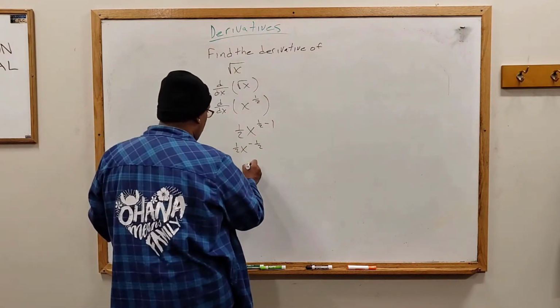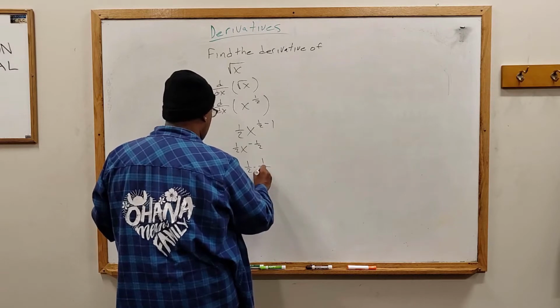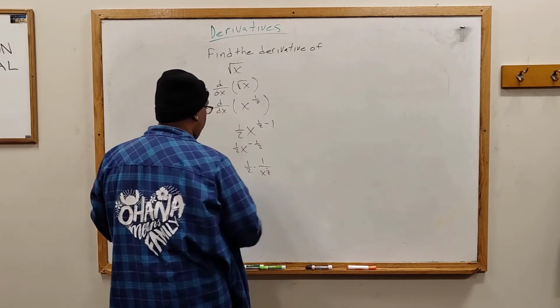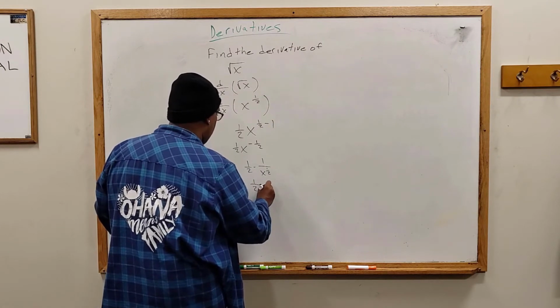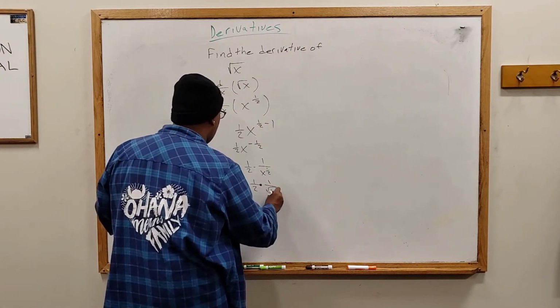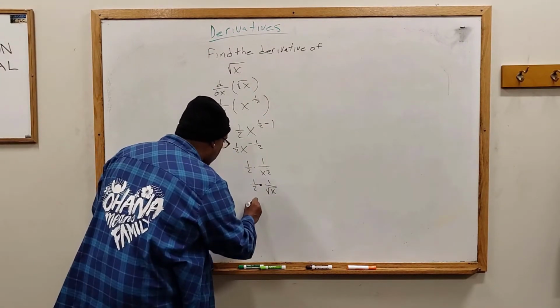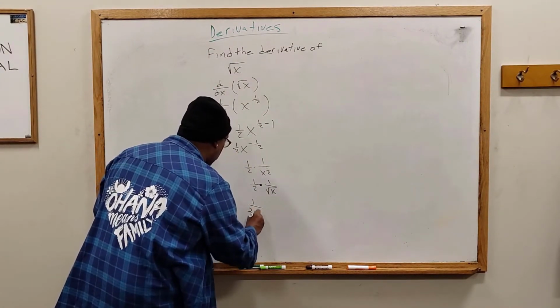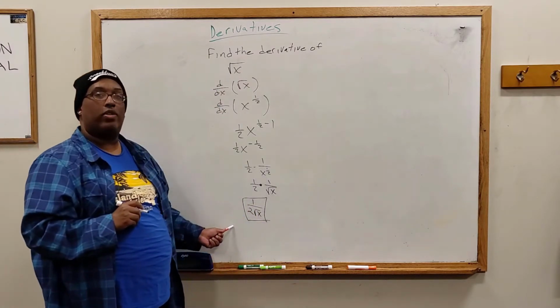So that means we get 1/2 times 1 over x to the 1/2, or 1/2 times 1 over square root of x. Multiplying those together, we get 1 over 2 square root x. And that's our final answer.